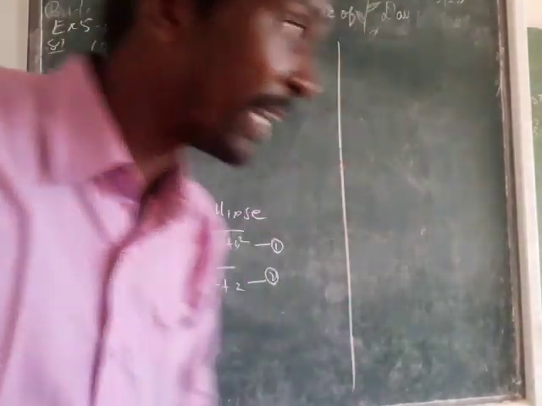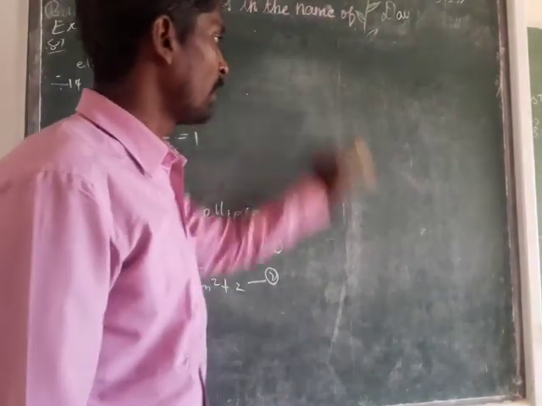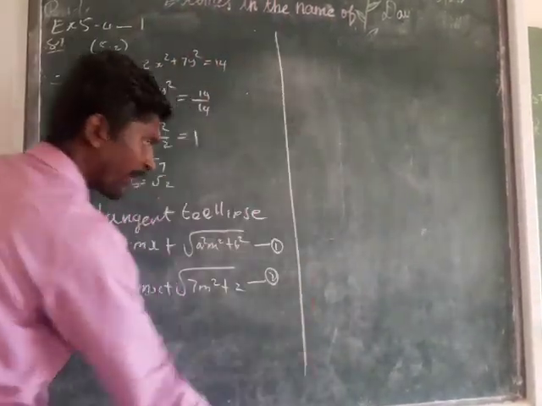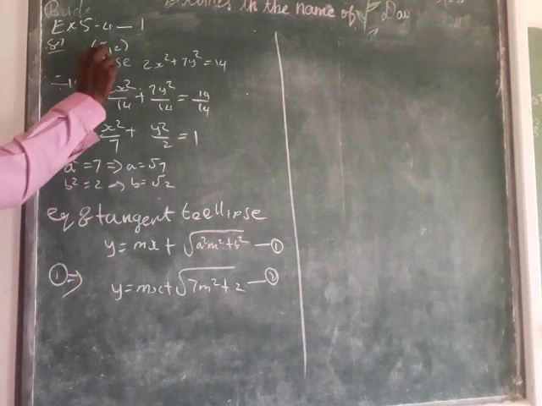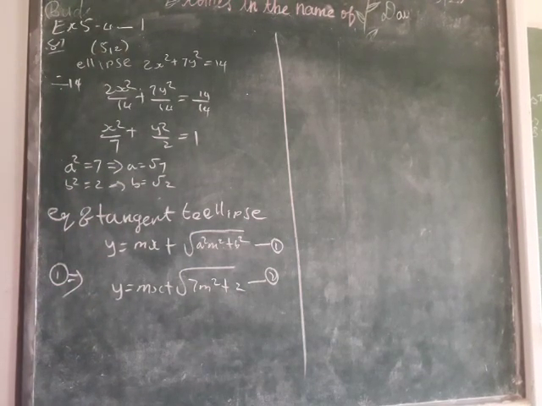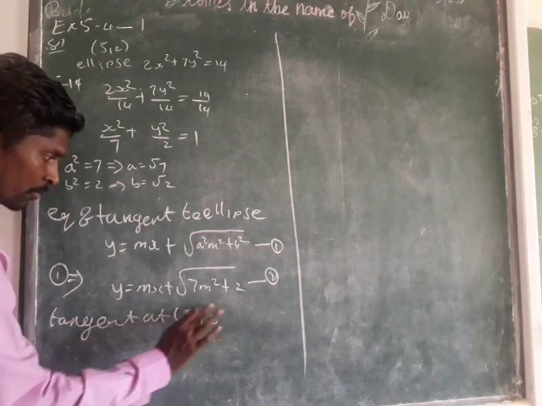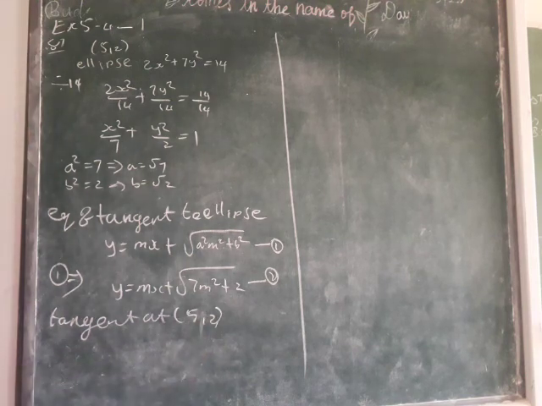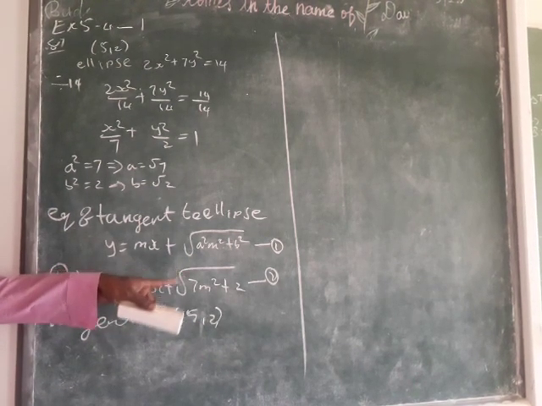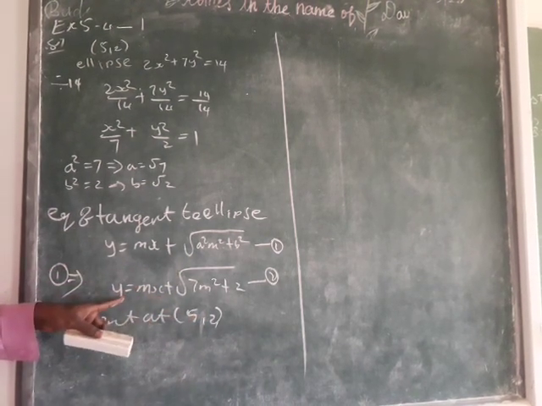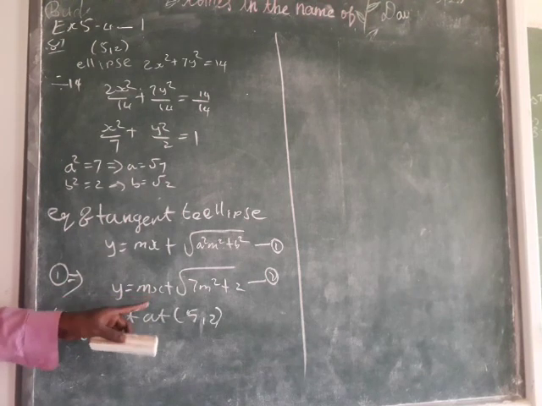Next we want to find the m value. How to find m? They asked to find the equation of tangent at (5, 2). So substitute x equals 5 and y equals 2 in the equation to find the value of m.